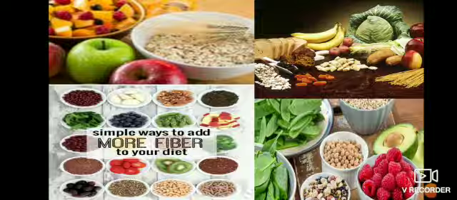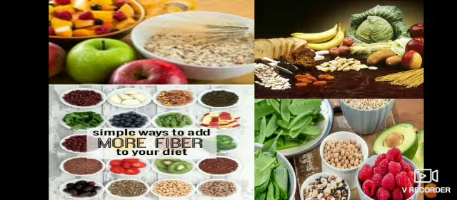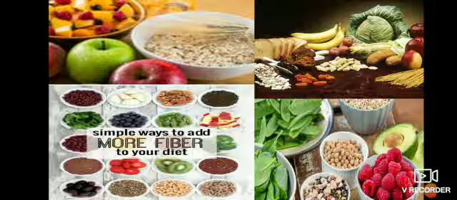These are nothing but roughages or dietary fibers. Children, we have a habit of eating some fruits with peels like guava, apples, grapes, and some fruits without peels like banana, sapota, orange, sweet lime.